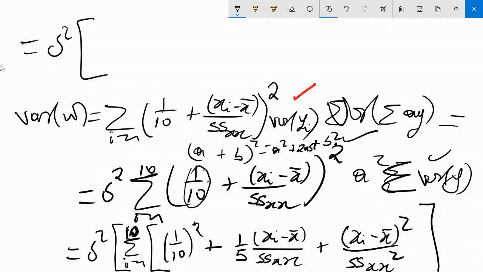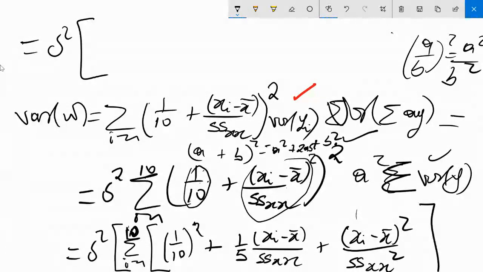So 2 multiplied by 1 over 10 will give us 1 over 5. And then our b will remain, which is xi minus x bar divided by SSxx, plus b squared. B squared is this part. So when you square this part, remember, a over b squared is the same as a squared divided by b squared. So that's what we have done here to separate that squared. So this is the step. Yes, thank you.